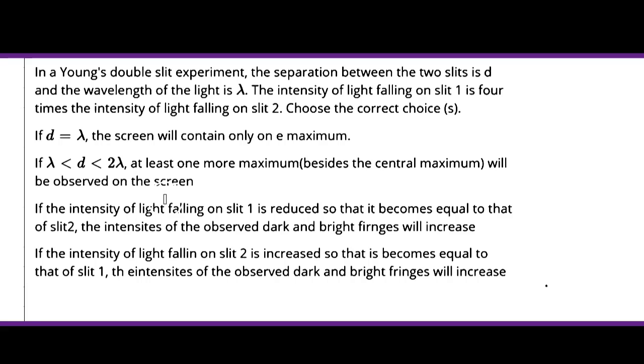If the intensity of the light falling on the first slit is reduced so that it becomes equal to that of the second slit, the intensity of the observed dark and bright fringes will be increased. If the intensity of the light falling on slit 2 is increased so that it becomes equal to that of slit 1, the intensity of the observed dark and bright fringes will be increased.